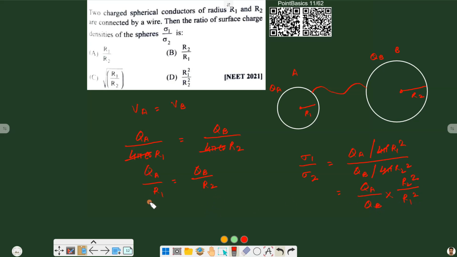Now from the earlier relation, QA by QB is R1 by R2. Putting this value here, R1 by R2 into R2 square by R1 square. So the square terms get cancelled, and we will be left with R2 by R1, and option B will be the right answer. Moving to next question.